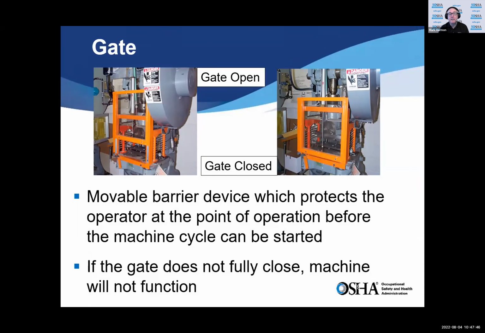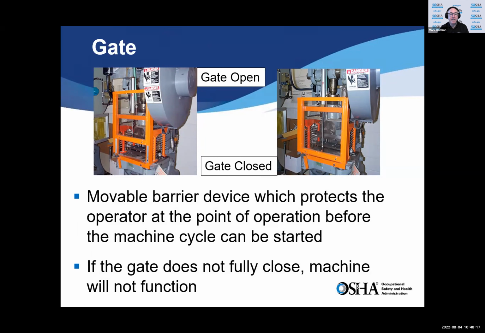A gate, again, some of these are very unique. Mechanical power presses, people sometimes say, well, we don't even have those. If you do, there are some very specific requirements for mechanical power presses under the OSHA standard 1910.217. But the example here for the gate is a movable barrier device which protects the operator at the point of operation before the machine can cycle.